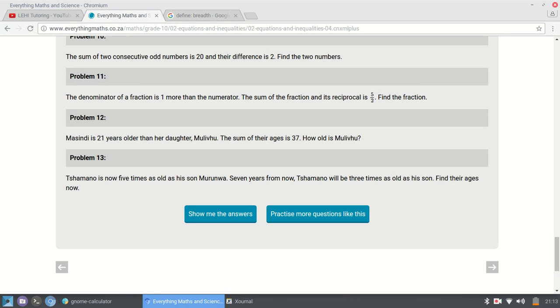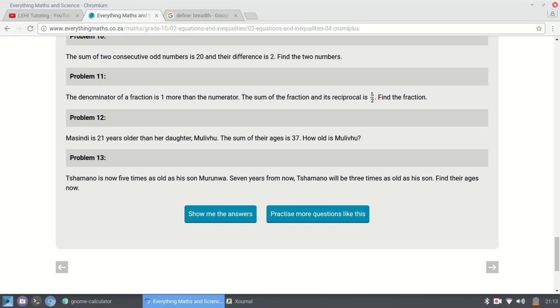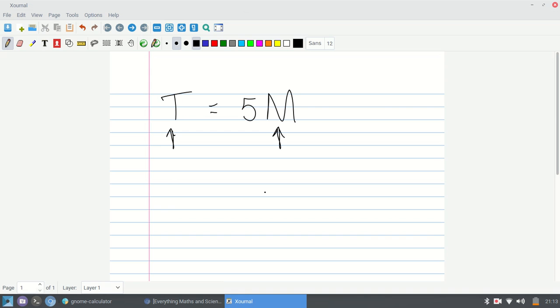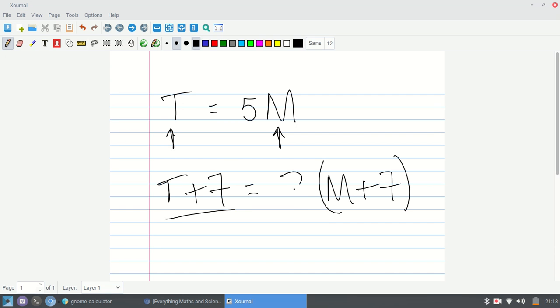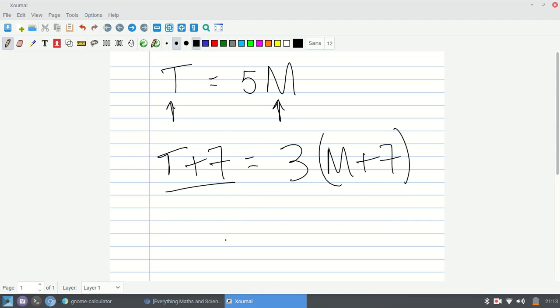But 7 years from now, right, this guy's age will be 3 times as big as this guy's age. But notice it says 7 years from now. So 7 years from now, Shamano will have that age, and Murunwa will have that age. But now this age is 3 times as big as that age. So now we just got to use these two equations to solve for both of their ages.